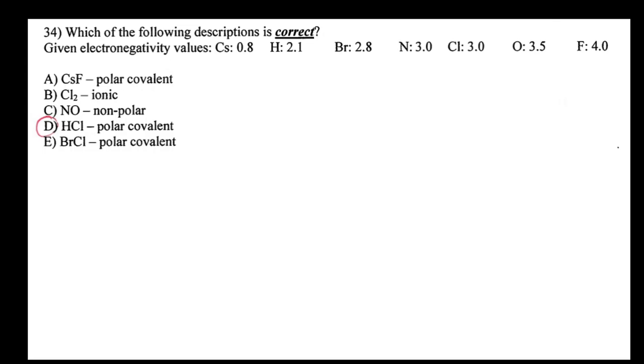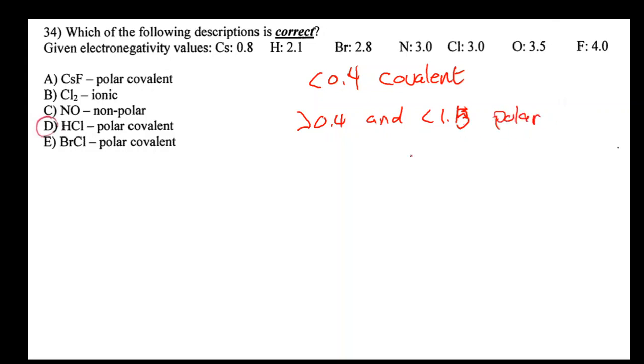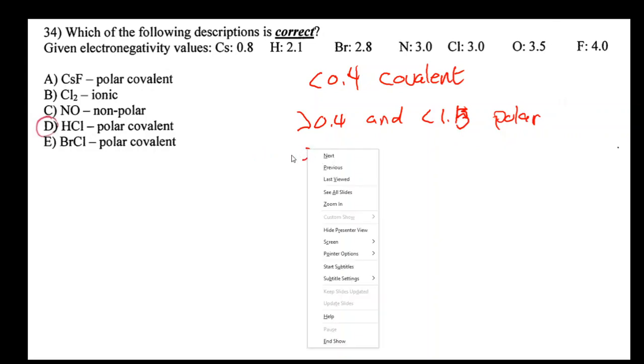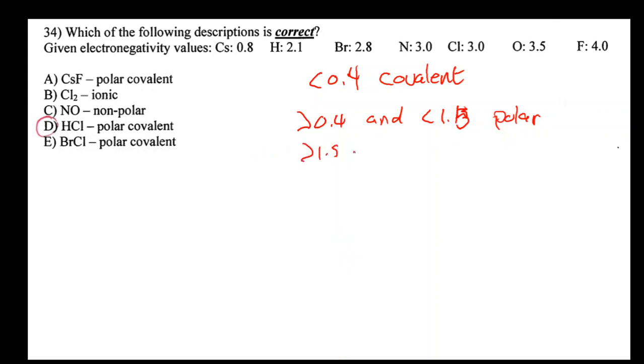Remember, for electronegativity, a difference of less than 0.04 is covalent, greater than 0.4 and I believe less than 1.5 is polar, and greater than 1.5 is ionic.